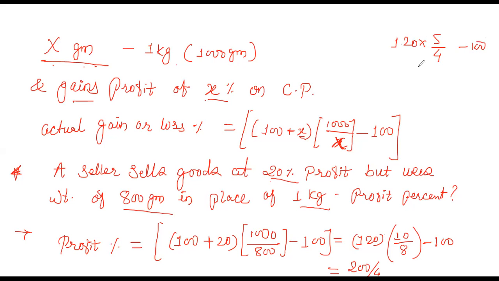So here we get 30 into 5 minus 100. Is it okay? How much are we getting here? 150 minus 100. Tell me that. 50. Yes, it is 50%. 50% profit is there.